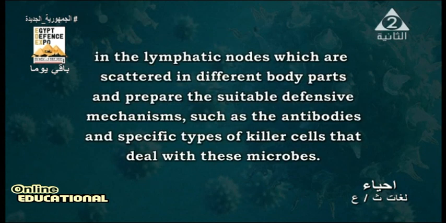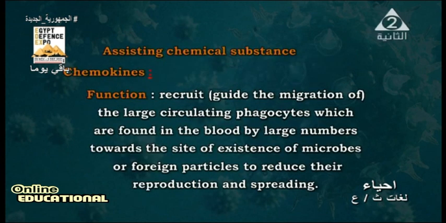These cells are found in the lymphatic nodes, which are scattered in different body parts, and they prepare the suitable defense mechanism, such as the antibodies and the specific types of killer cells that deal with these microbes.